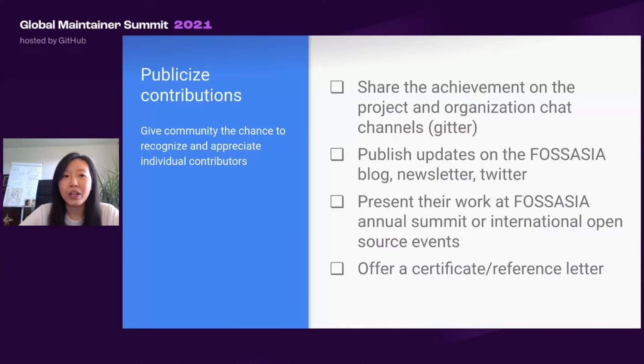Another thing that we often do, besides showing appreciation on a personal level, is we also try to publicize the contribution, giving the community the chance to also recognize and appreciate individual contributors.